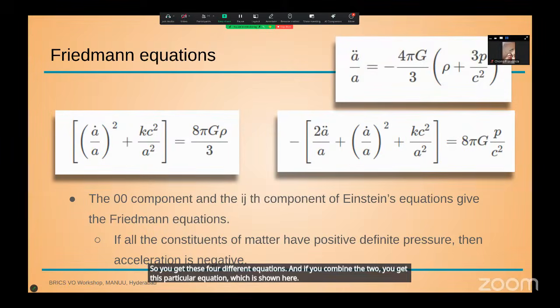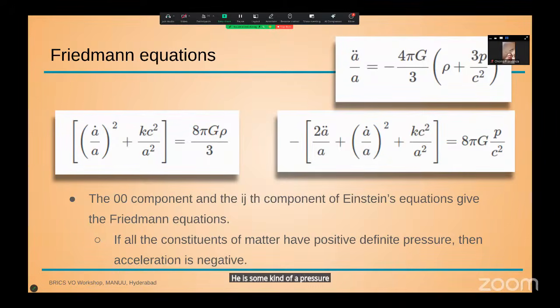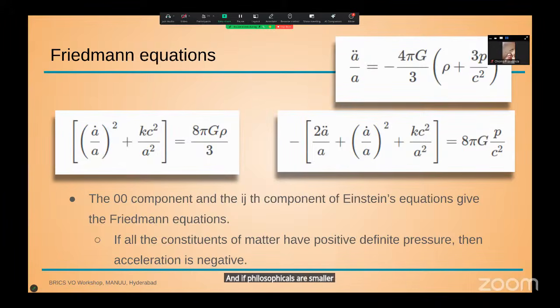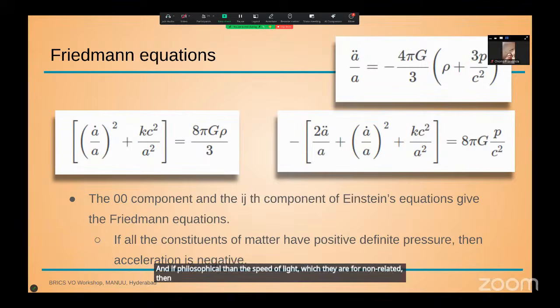Okay, so it is saying that the acceleration of the universe is minus 4 pi G by 3 times (rho plus 3p by c square). P is a pressure of the material which is composing this universe. So let's suppose you have non-relativistic matter, then there is no pressure, because this pressure is just the density times velocity square, and if velocities are smaller than the speed of light, which they are for non-relativistic particles, then that pressure can be ignored.